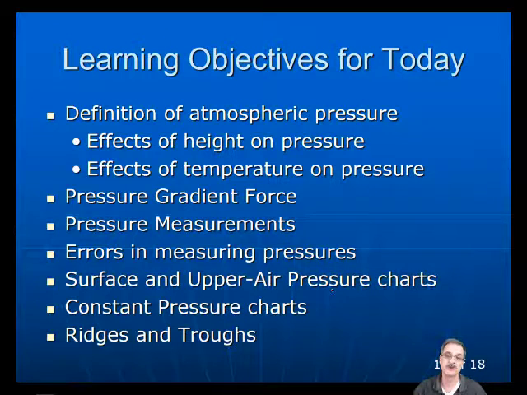There's two types of pressure charts we like to look at: surface pressure charts and upper air pressure charts. And the most common ones we like to use are constant pressure charts. And then these pressure charts can exhibit trends that are called ridges associated with high pressure systems and troughs associated with low pressure systems. And that's all I have for part one. I'll see you in part two.